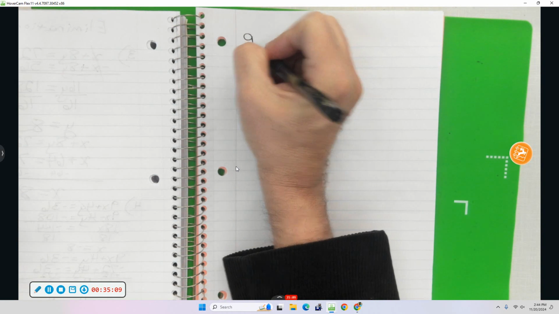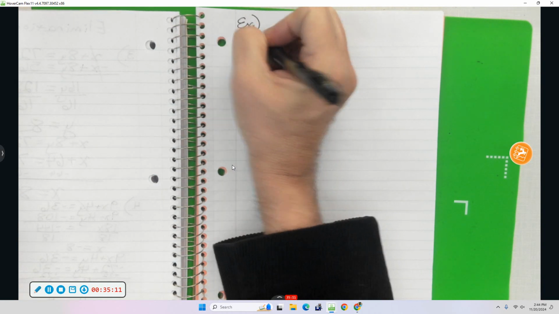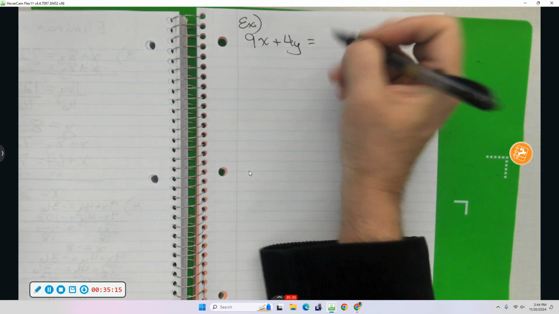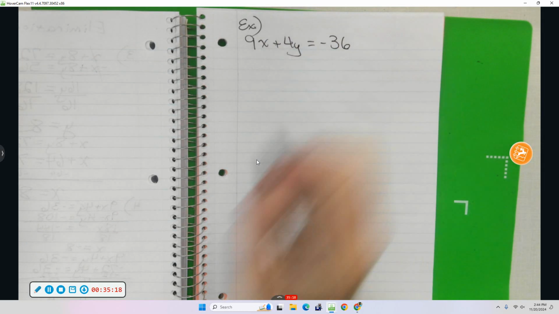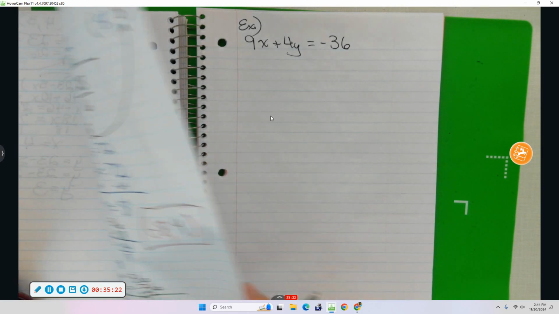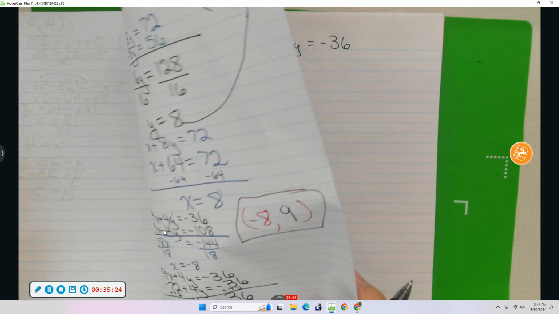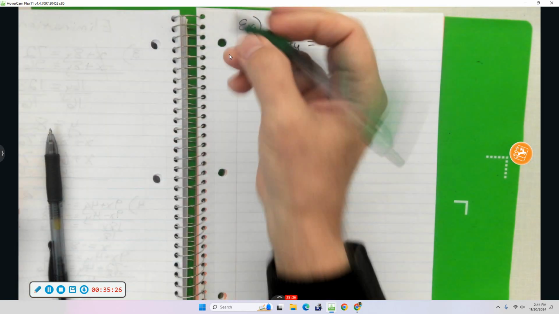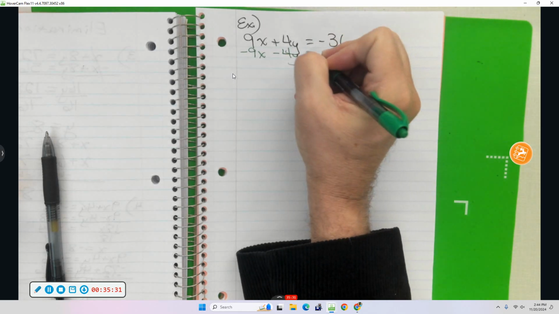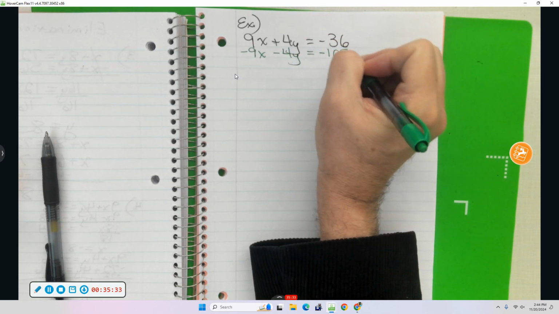Here's an example. 9x plus 4y equals negative 36. And this is similar to the one we just did. And then negative 9x minus 4y equals negative 108.